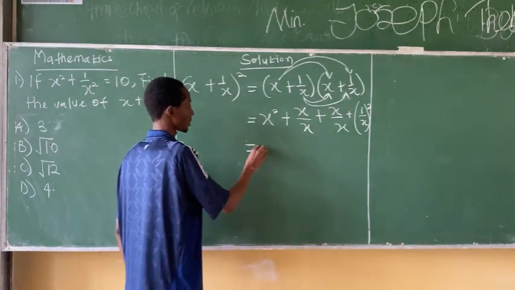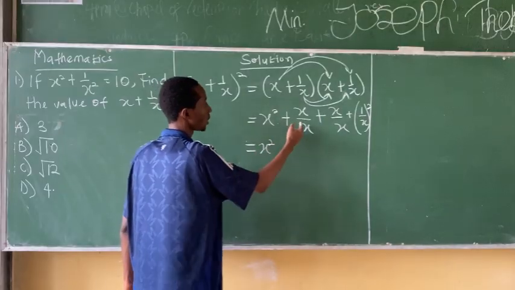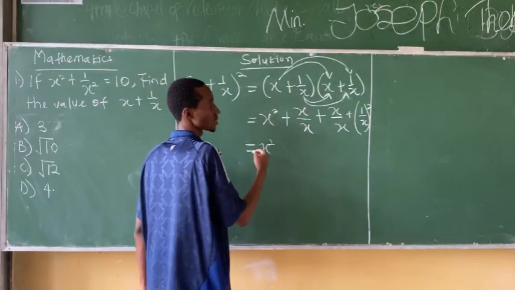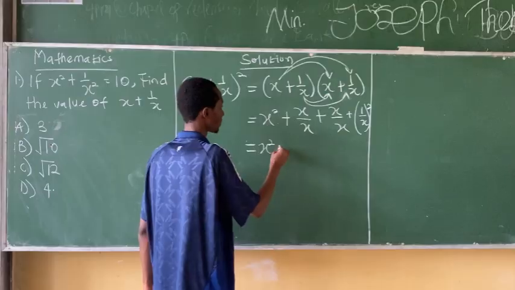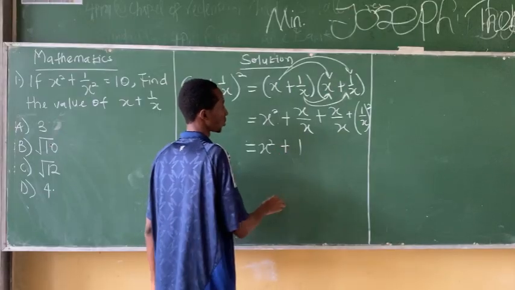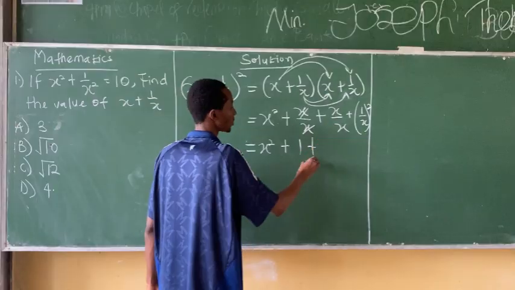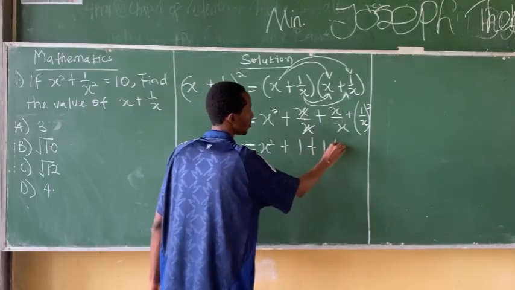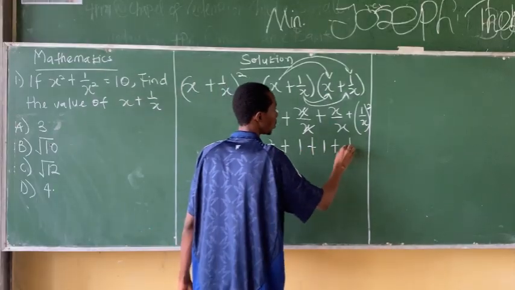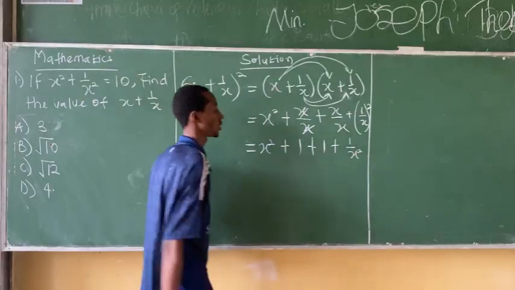This is the same thing as x squared, 1 all over x divided by x, you have 1. It will cancel out. Plus x divided by x, you have 1. Plus 1 all over x squared.